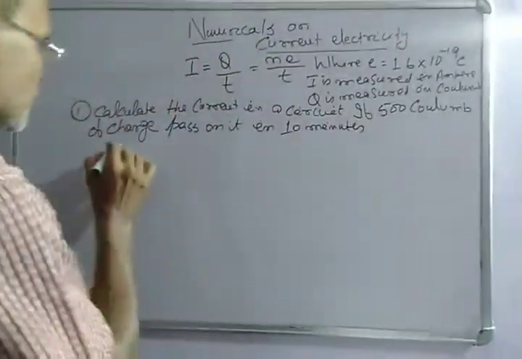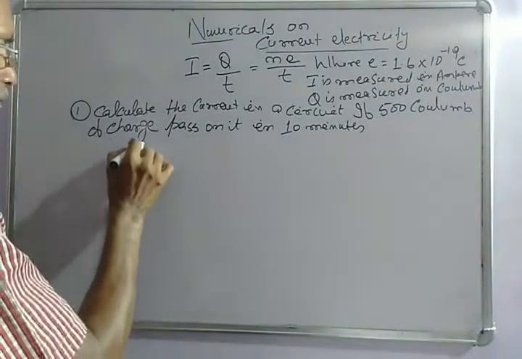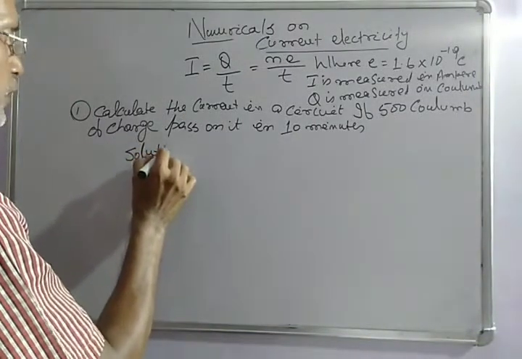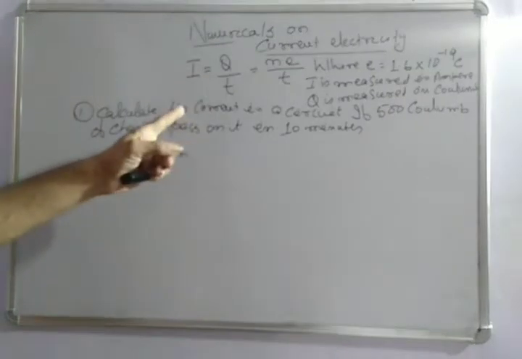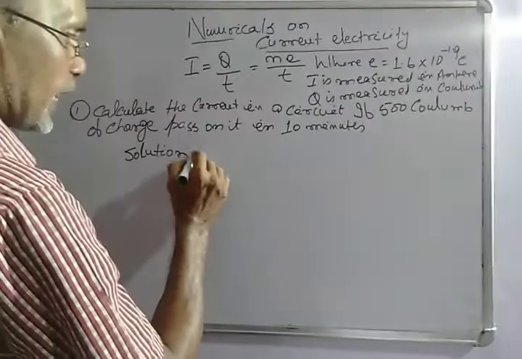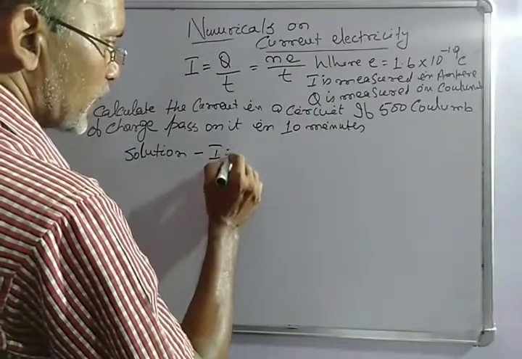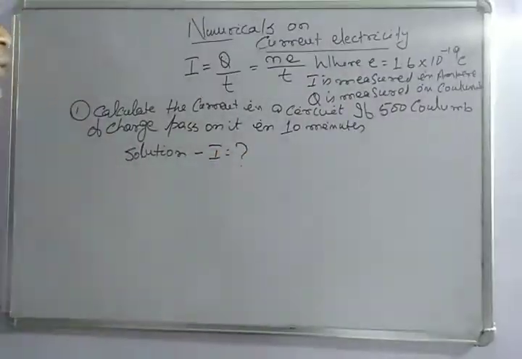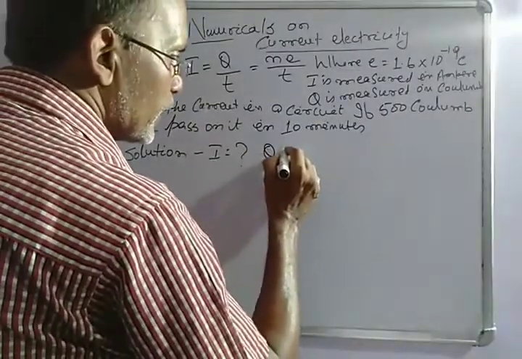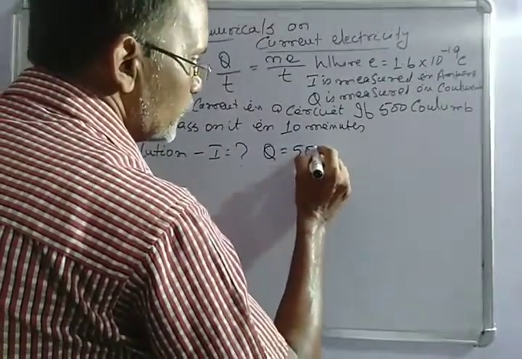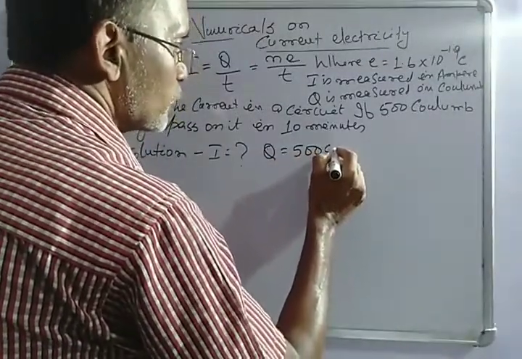So for the solution, see here, calculate the current. Current has been asked, so put I is equal to question mark. In a circuit of 500 coulomb means Q is given here, 500 coulomb.